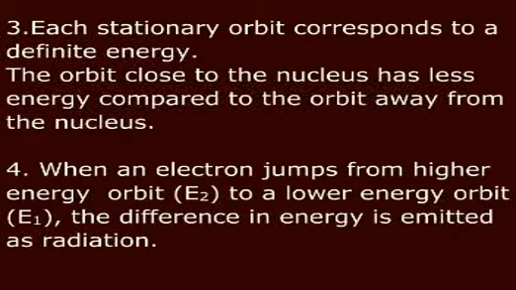When an electron jumps from higher energy orbit to a lower energy orbit, the difference in energy is emitted as radiation.